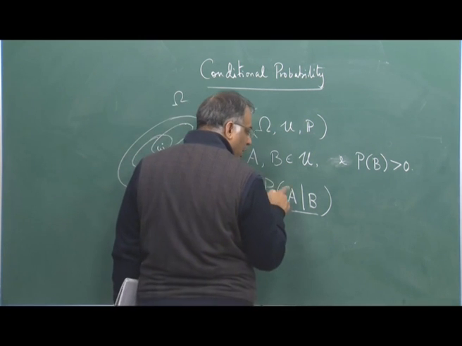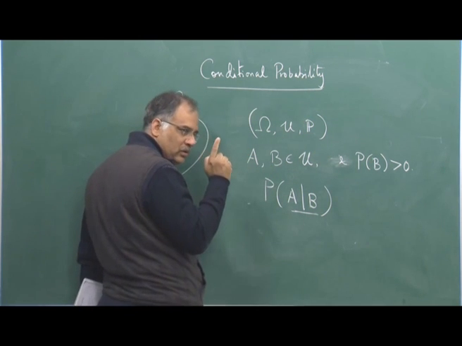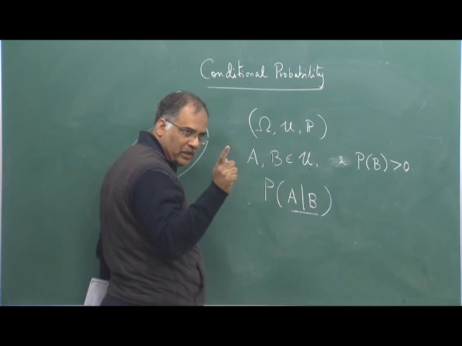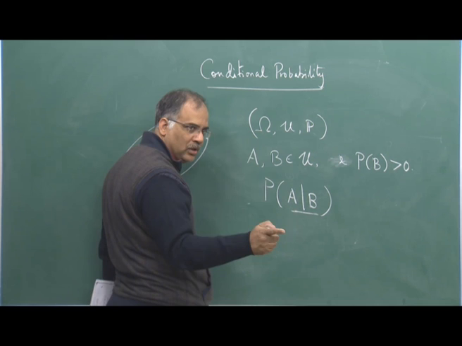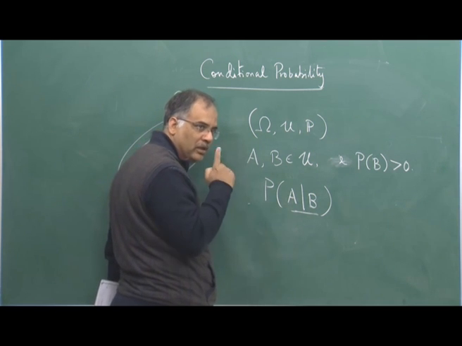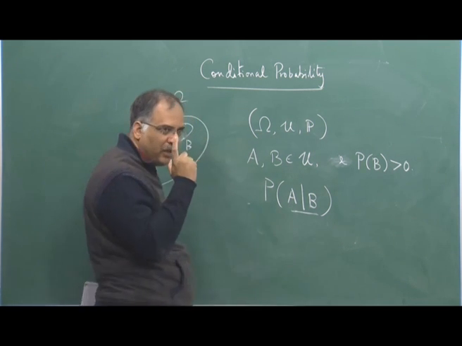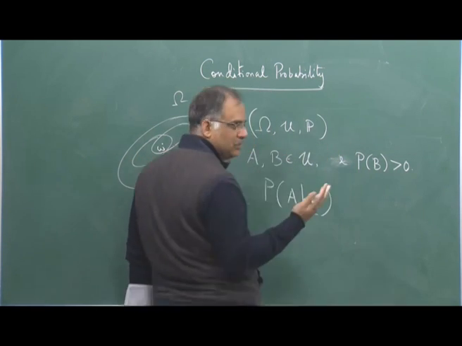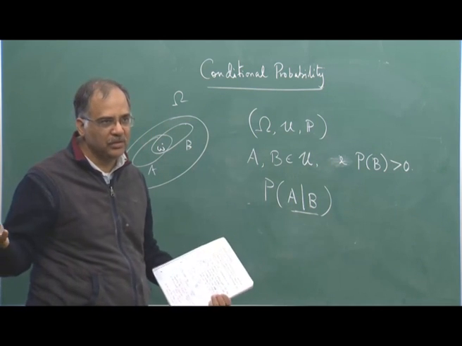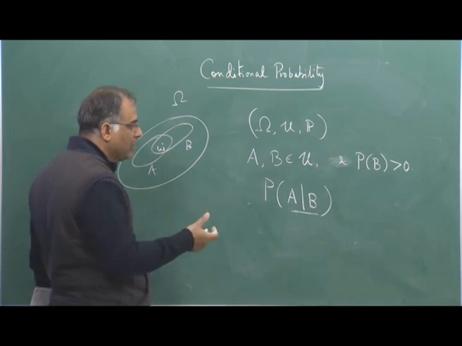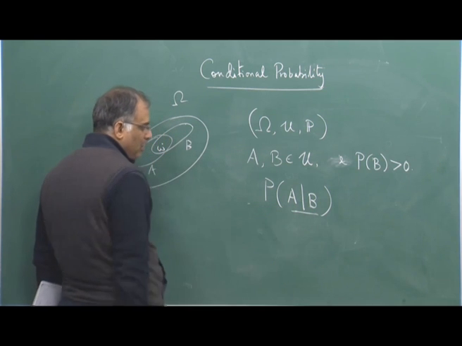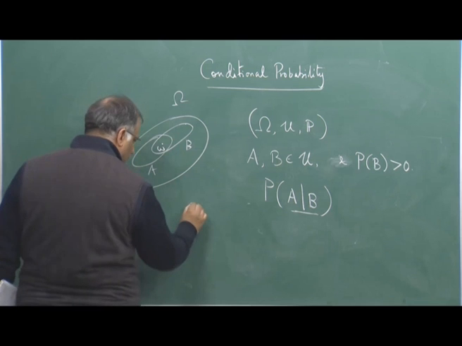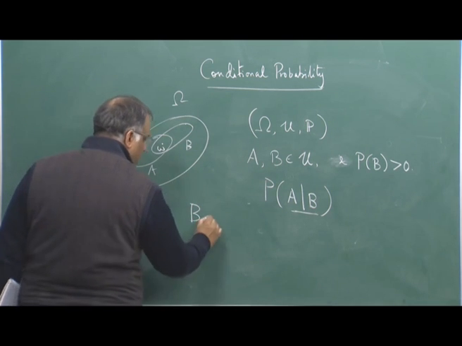My question again is very important: if omega is in B, so I know that this omega has occurred, what is the probability that it is also in A? Then A given B is an event which is not really a part of this sigma algebra. These are just events A, B, C, D, but here I am talking about something else. So I really now have to consider a new sigma algebra and a new sample space here.